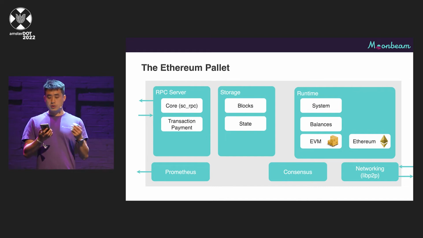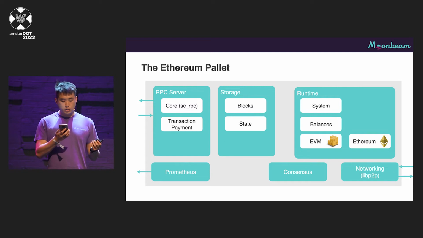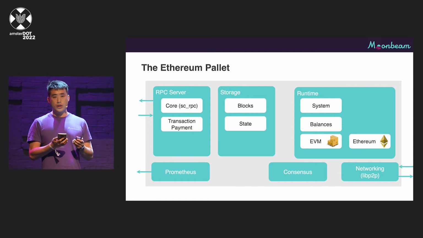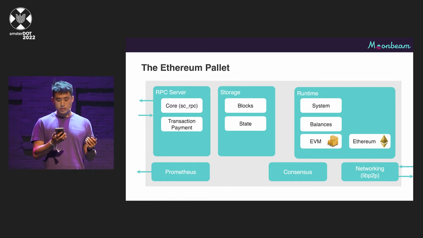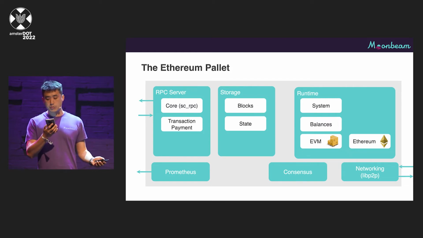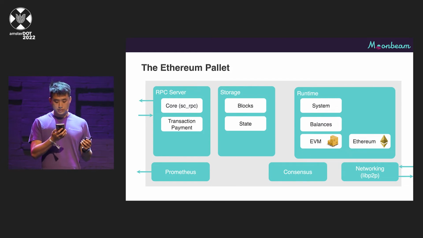So if you're not familiar with unsigned extrinsics, they are basically like regular Substrate transactions, except that they are not signed by any one type of account.